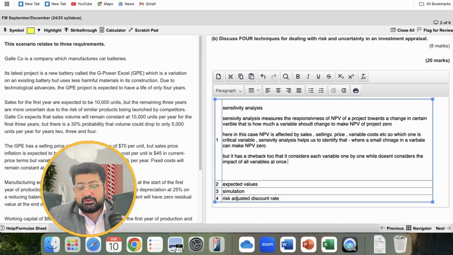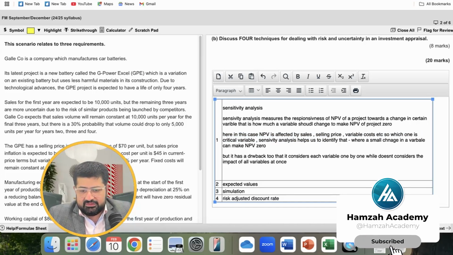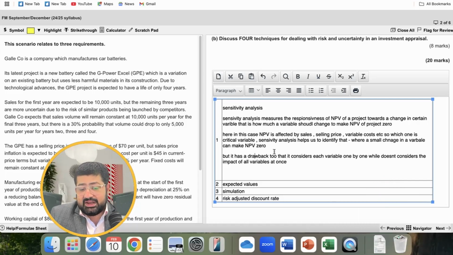That is the drawback as well. So enough for 2 marks. We have given some scenario reference as well, and one drawback as well discussed. So that will be enough for it.